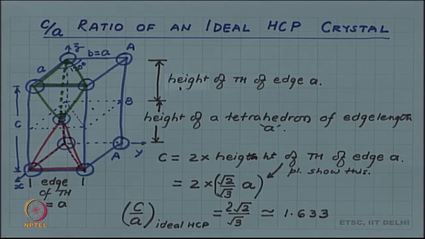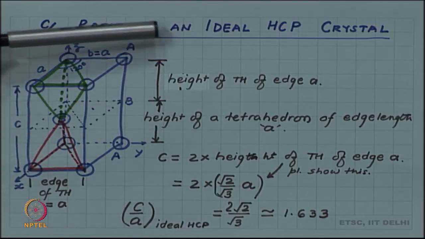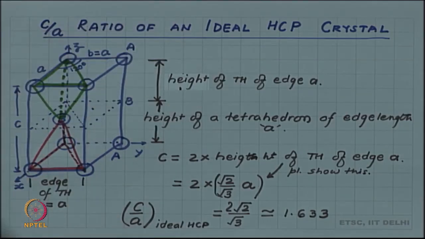So, it is easy to calculate, but this is what one will get. So, a normal hexagonal crystal can have any C by A ratio, but an ideal hexagonal close packed crystal will always have this C by A ratio.